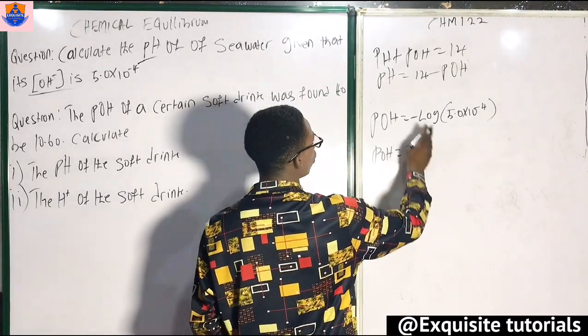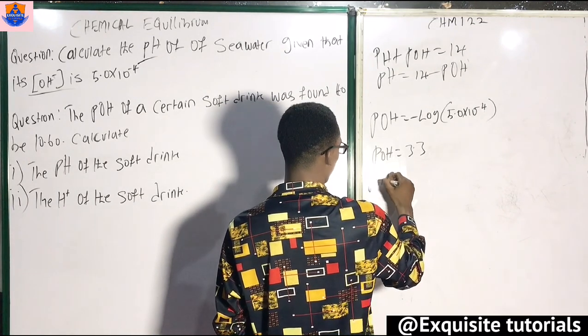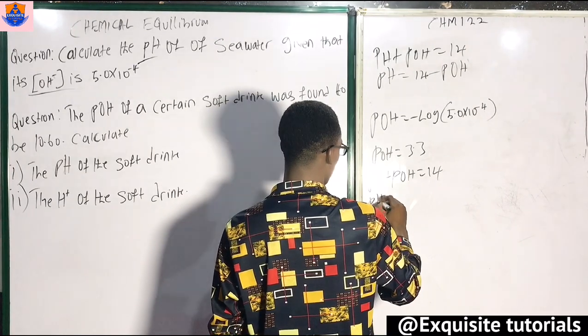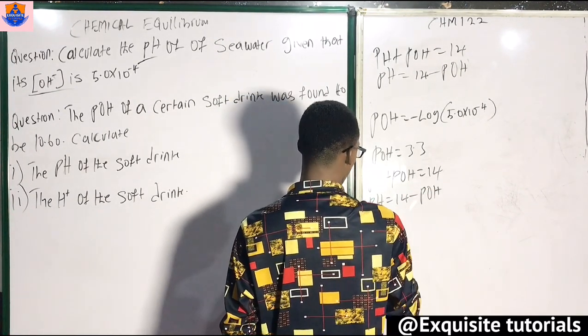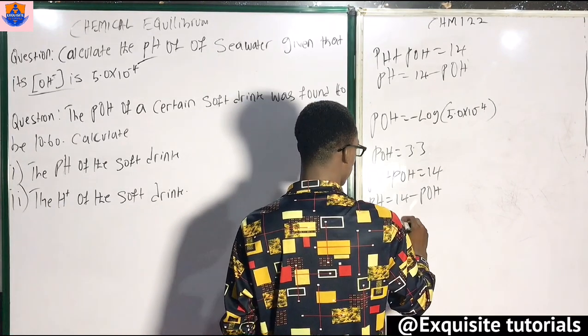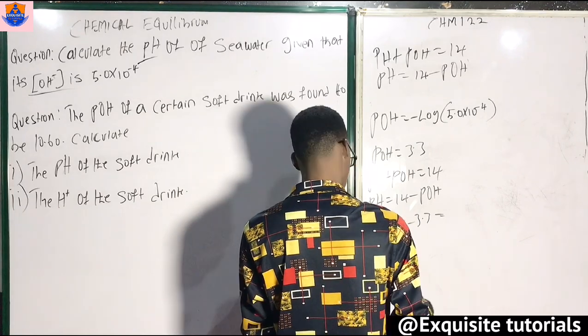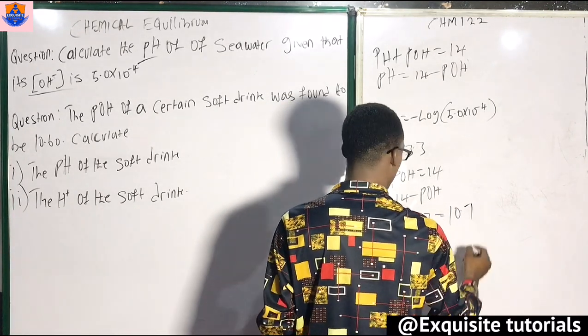So our pOH would be approximately 3.3. Therefore, to calculate the pH, pH plus pOH is equal to 14, so pH is equal to 14 minus pOH, which is 14 minus 3.3, which is 10.7.